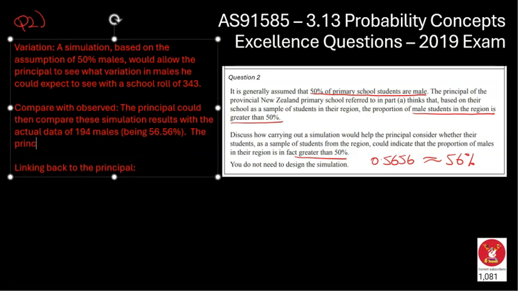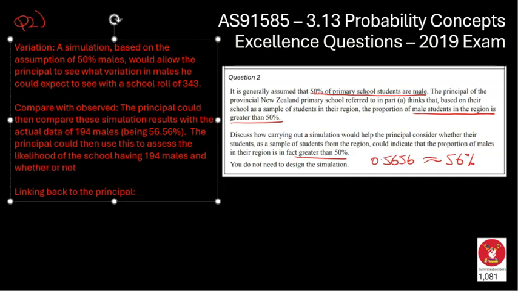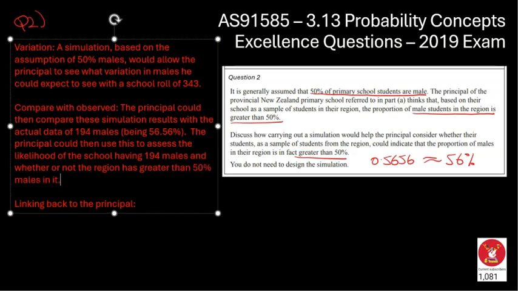So the principal could then use this to assess the likelihood of the school having 194 males and whether or not the community or the region, they've used the word region, has greater than 50% males in it. So that's ultimately what he's doing here. He's going to see the variation, and once he's got the variation, he's going to be able to compare it and make some decisions. And based on that, he can then make a decision.